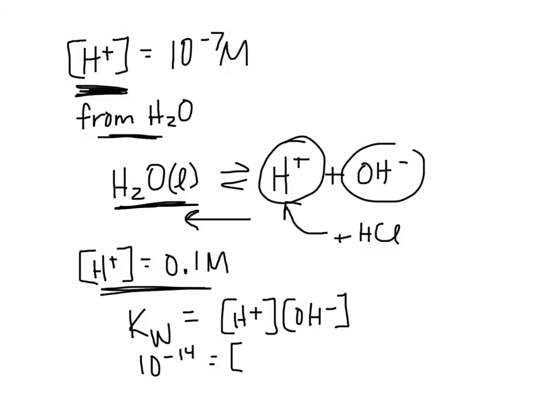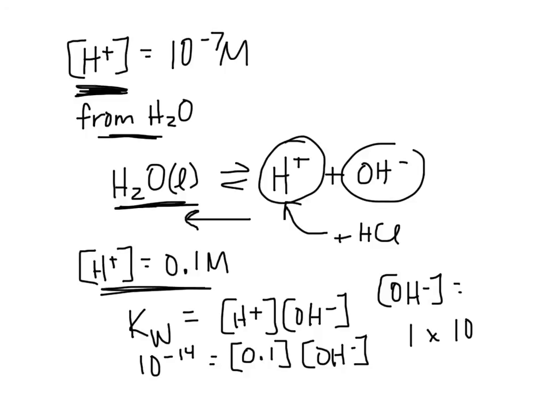In this example, hydrogen ion is 0.1 molar, and we're going to solve for hydroxide. When we do that, hydroxide is going to be a very small number. Rearrange the equation, divide both sides by 0.1, and our hydroxide ion concentration, even though it's a strong acid, it's in there because it's in water, is 1 times 10 to the negative 13th molar.